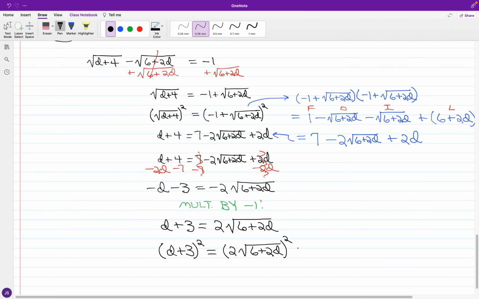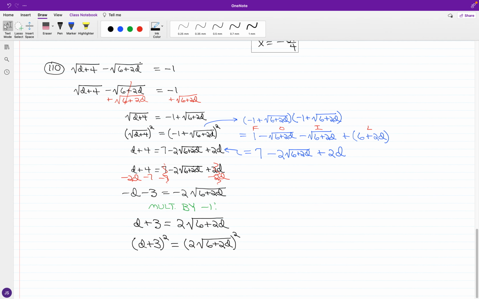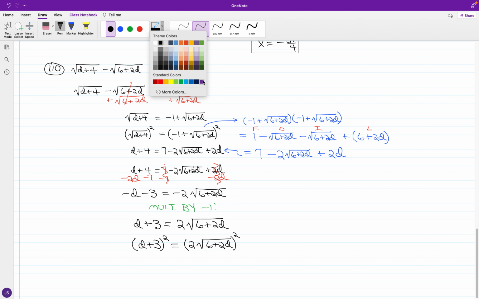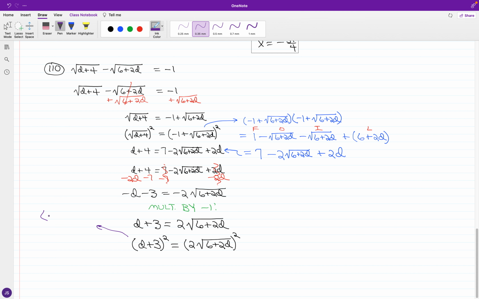Upon doing so, we have d plus 3 quantity squared, and squaring this binomial, we have a squared trinomial, whereupon we're going to have d squared plus 6d plus 9.